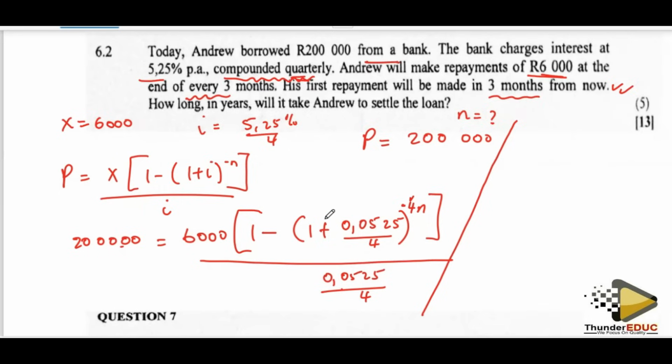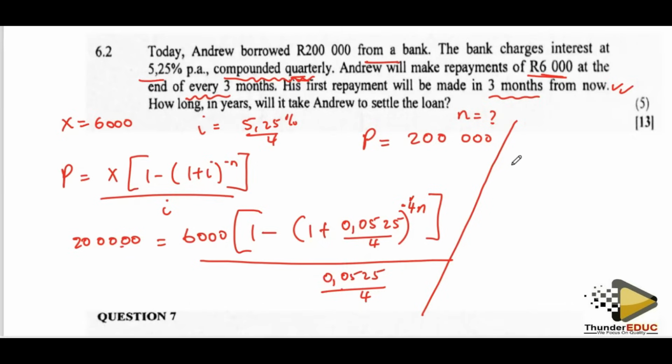When I do that, I'm going to say 200,000 divided by 6,000, then multiplied by 0.0525 over 4.